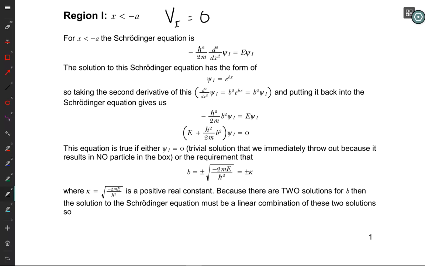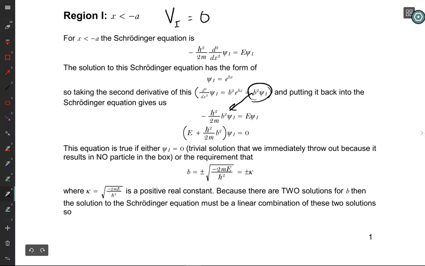That equation, we now know very well, must have a solution that's of the form e to the bx. And so we take the second derivative of that, it's b squared psi, we put it back in, and we find, lo and behold, E plus h bar squared over 2m b squared has to be 0 for us to have a solution.